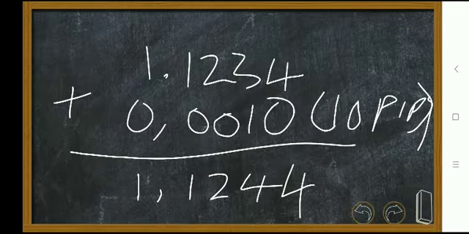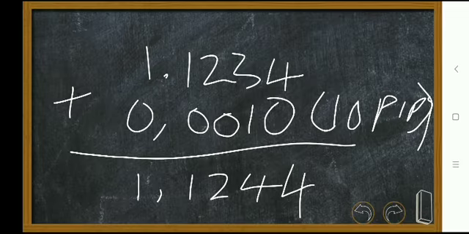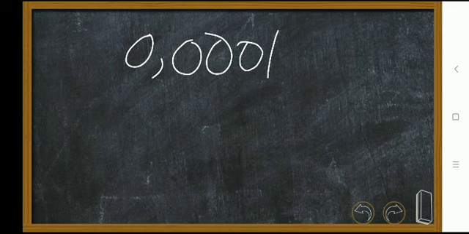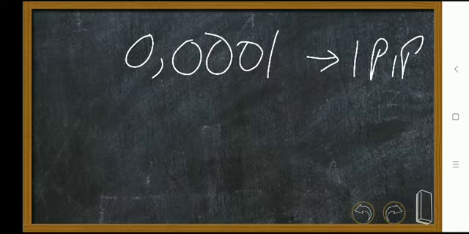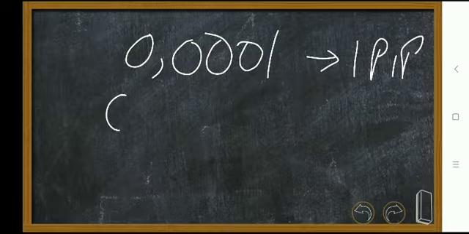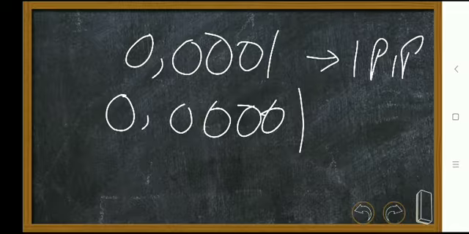So if you're asked to add 1 pip, then that means this will be a 0, then this will be a 1. This is 1 pip. I hope I'm making sense. Then this 0, 0, 0, 0, 1, that's 1 point. Can you see the difference?